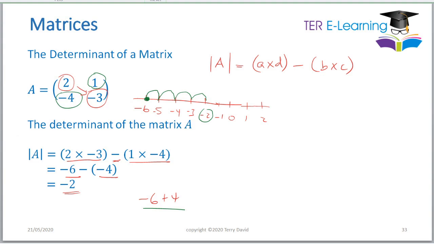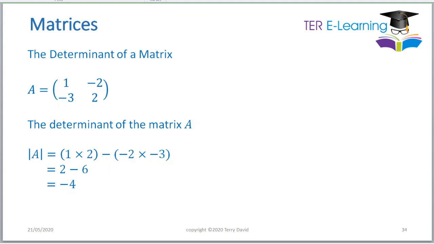Let's look at the next example here. So we have a matrix again. The matrix is 1, minus 2, minus 3, 2. And you want to get the determinant of the matrix, right? Again, we're going to use the formula. So make sure you have this in your memory. It is AD minus B multiplied by C. Just need to know that formula.